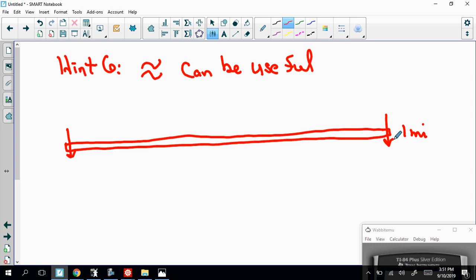And on a hot day, the length expands by 1 foot. So initially it's 5280. And then we know the length expands 1 foot, because we live a mile high, 5280. So we know the metal is actually 5281.